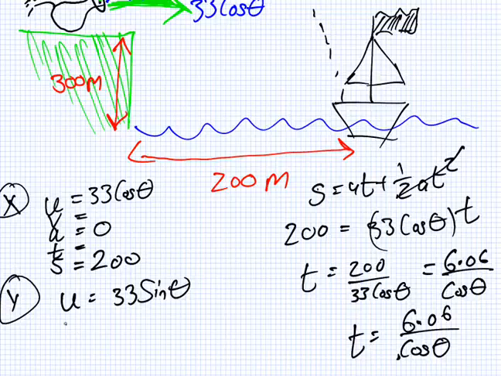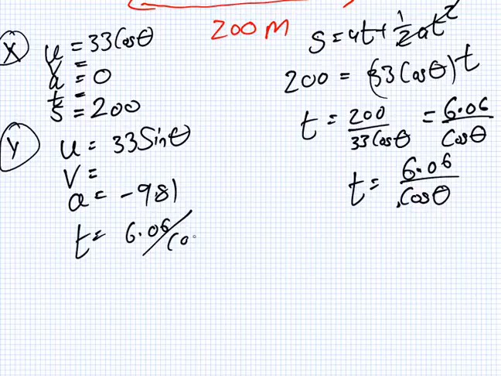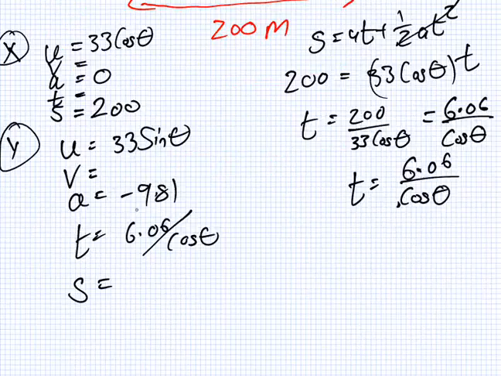What do I need to do now? What should I do to this number? Is this the answer? No. I should add 3. So the maximum height is 3.96 meters, for example.